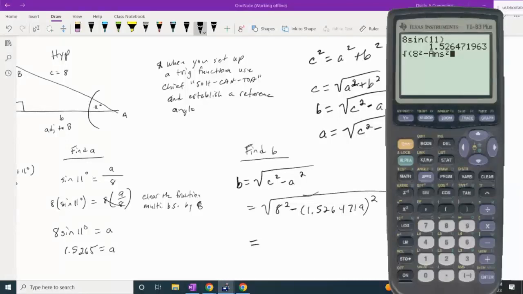So the little trick to doing that is, whatever your last line of output was, answer is storing. So that's the square root of 8 squared minus 1.5265 squared, and we get 7.853.